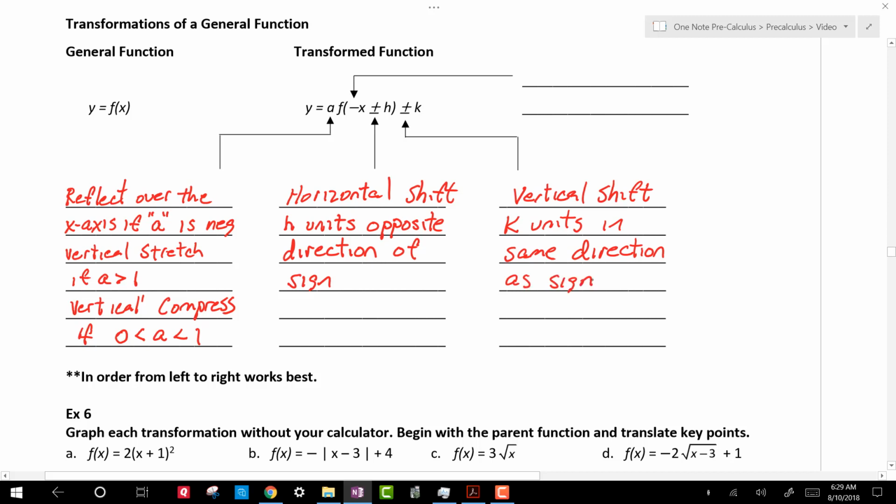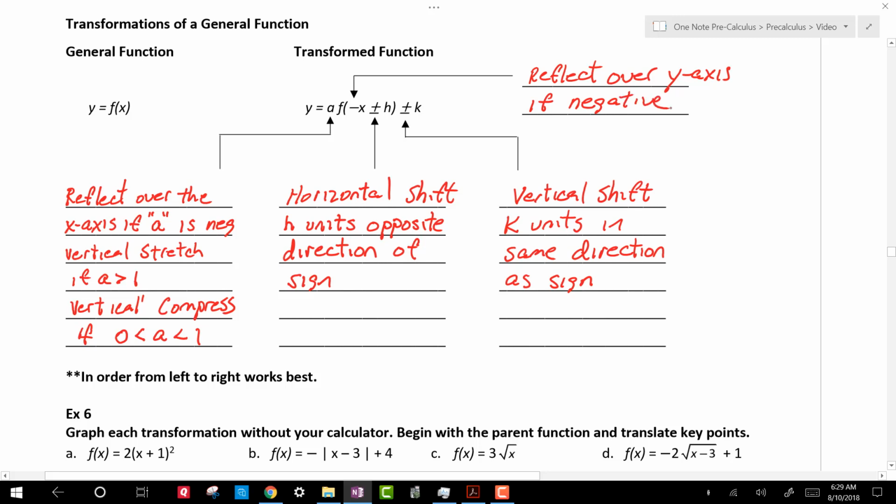So if k was positive, we moved up. If k was negative, we moved down. And then we had this x that was negative up front here. All right, this was a reflect over the y-axis if negative.